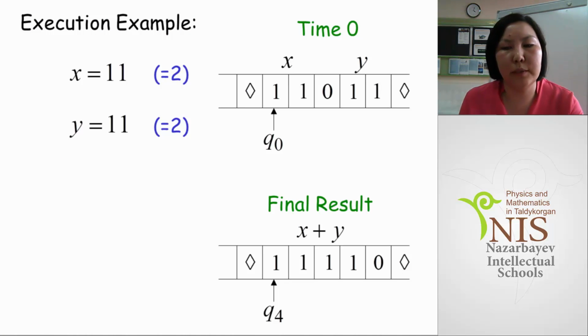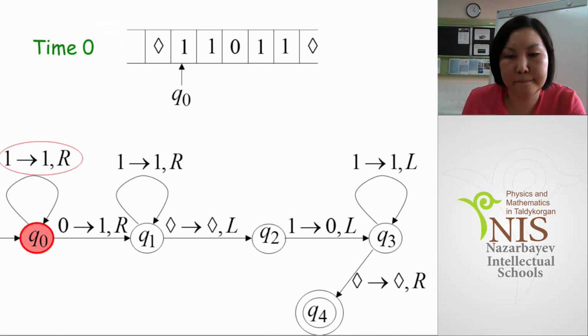Let's try it with the initial tape, like 1, 1 for x and 1, 1 for y, and 0 as a delimiter. As the final result, we have to see the tape that is given below. Let's start from the beginning. When the machine sees 1 in state Q1, it has to leave it as it is and go right.